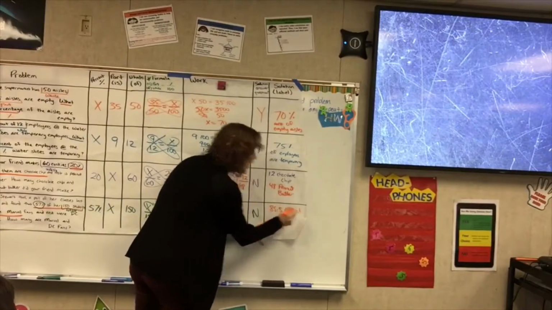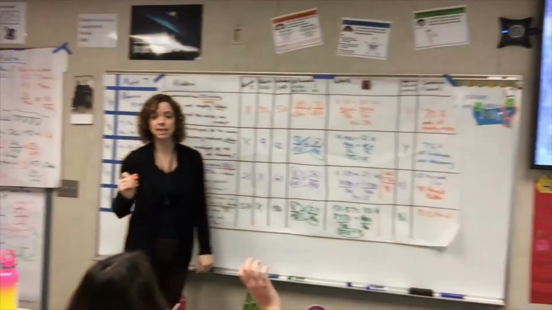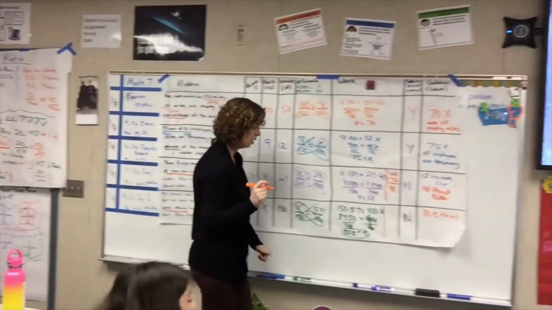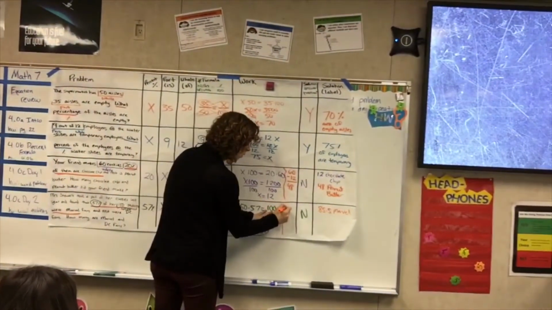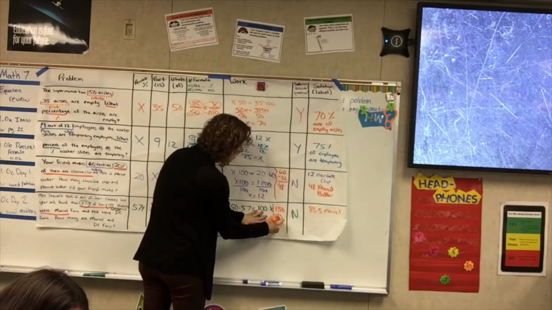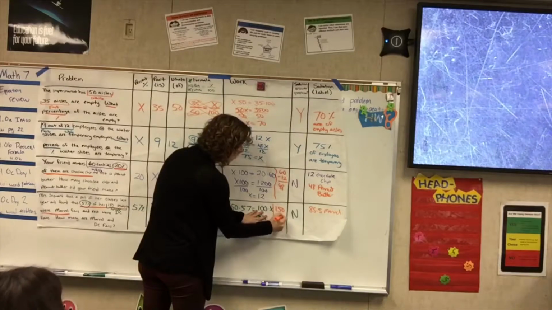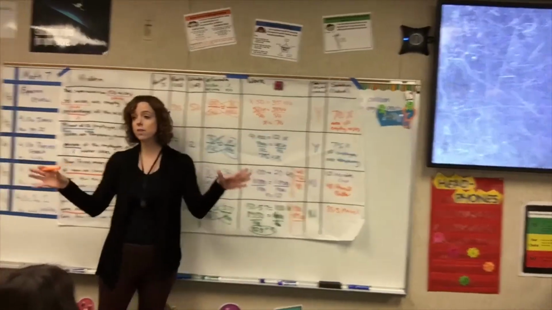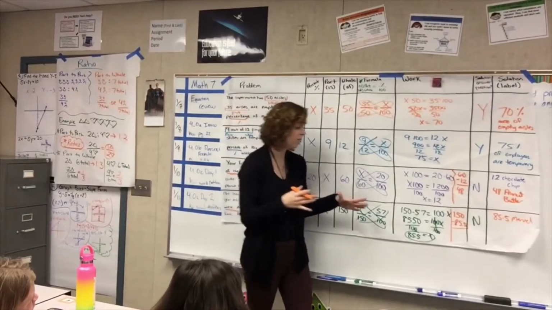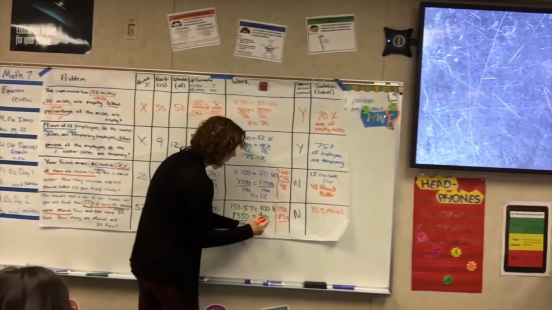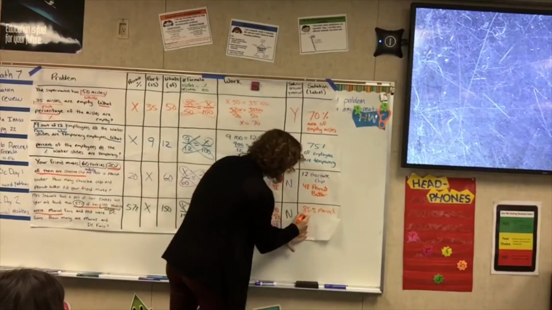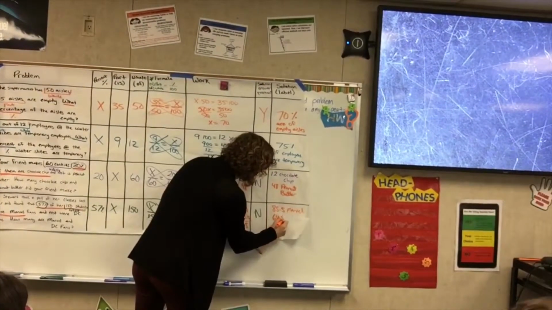Can someone raise their hand and tell me how we solve for DC? So we subtract 85.5 from 150, because remember she has 150 students total. So if we subtract 85.5, what did we get? I got 64.5. 64.5 DC.